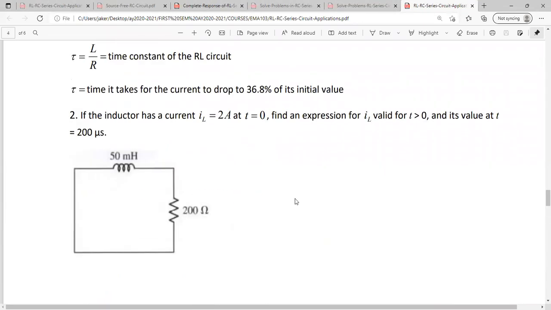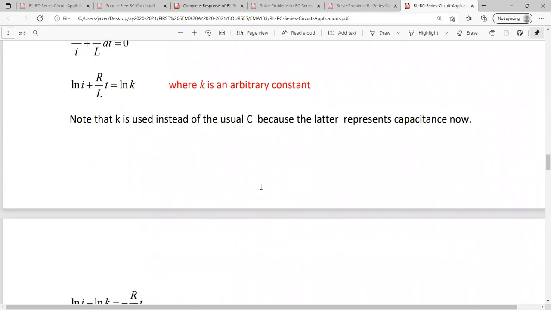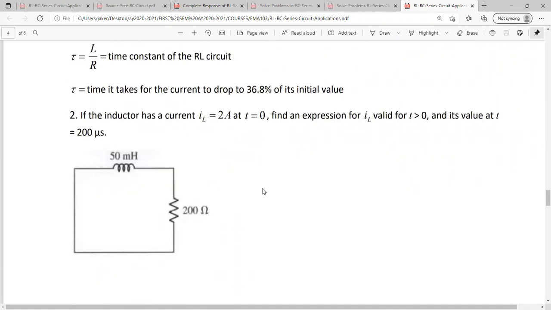The first 3 sample problems here, class, concern an RL circuit. The first one is for a source-free RL circuit. We don't have EMF for this particular circuit. The second one is just another source-free RL circuit with specific values for the inductance and the resistance, and the corresponding value of the current is to be determined using the time here, which is 200 microseconds.